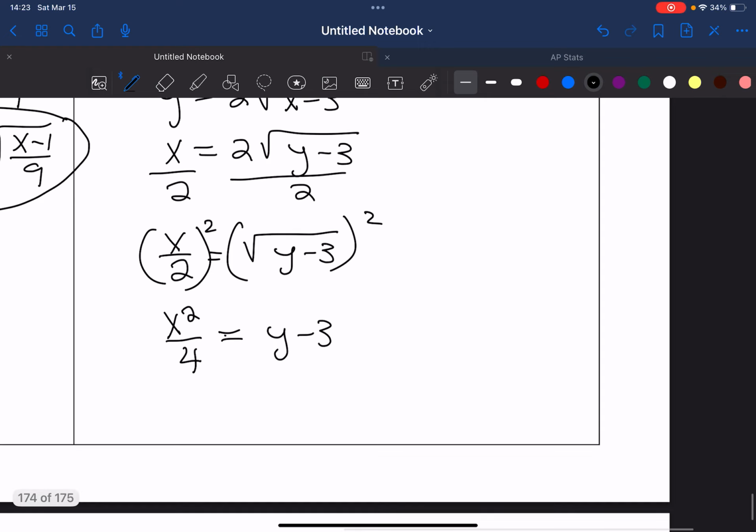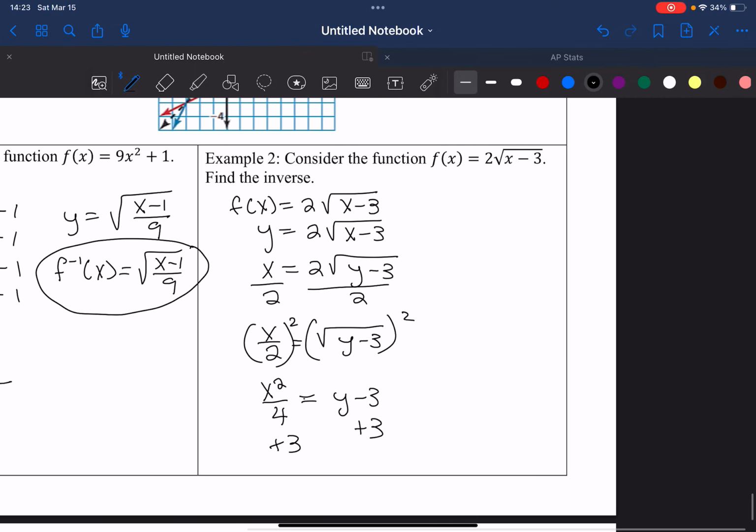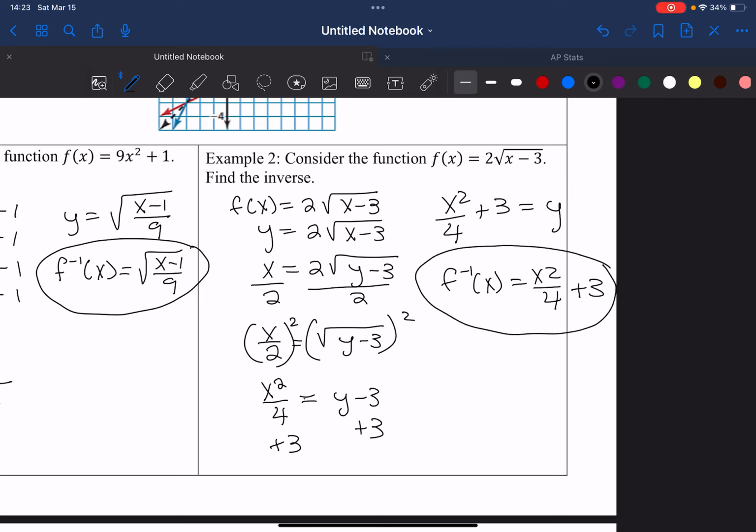And then I'm going to add 3 to both sides. And I get x squared over 4 plus 3 is equal to y. But instead of writing y, I'm going to write the inverse of x. So this is f inverse of x is equal to x squared over 4 plus 3. That is my inverse function of the original f of x function.